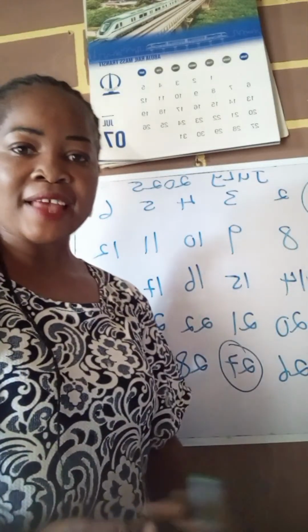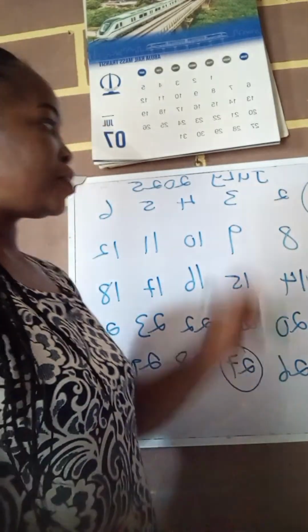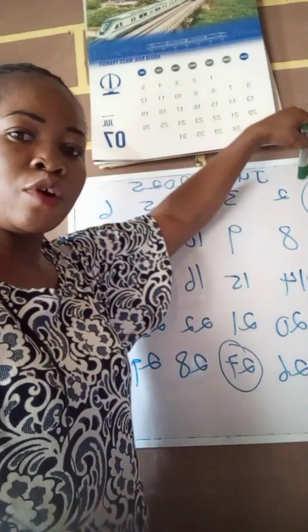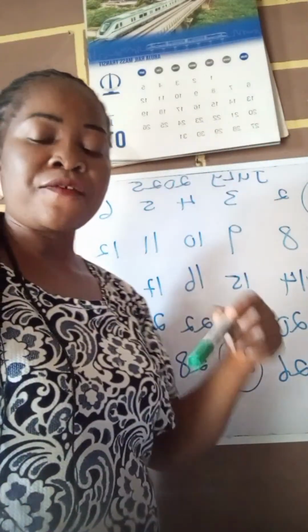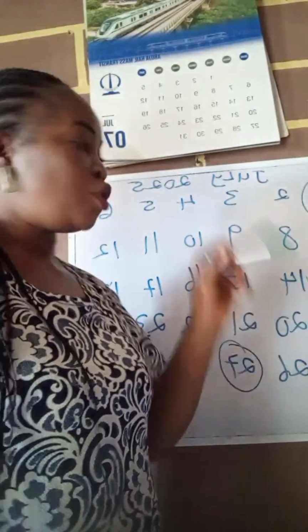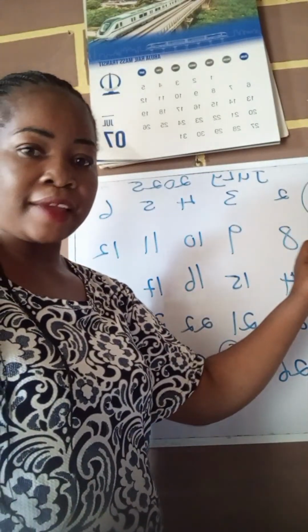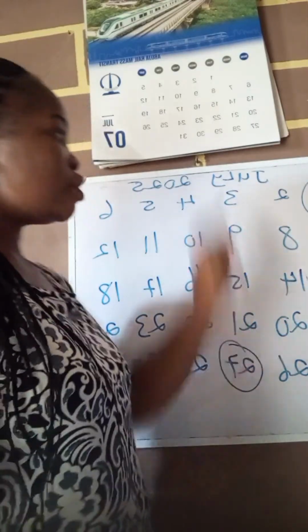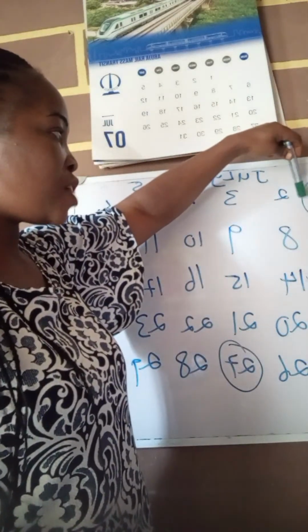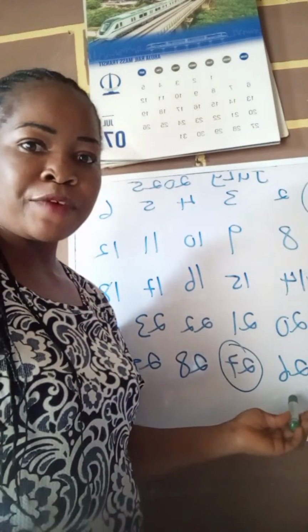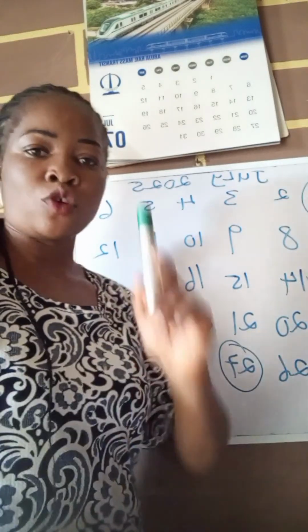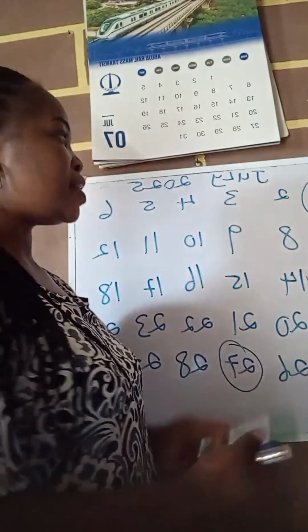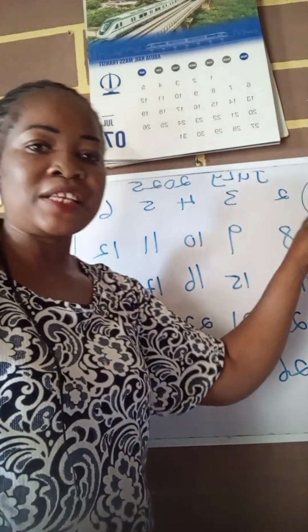Your menstrual cycle is calculated from the first day of your period. Remember, the first day of your period was on the 1st of July, before you started seeing it again on the 27th of July. So the first day from the 1st of July to a day before your next period is your menstrual cycle. Please ensure that you count this first day.